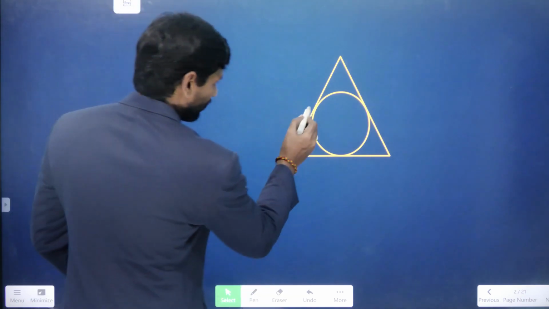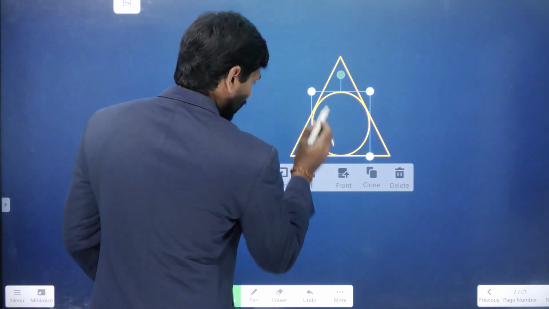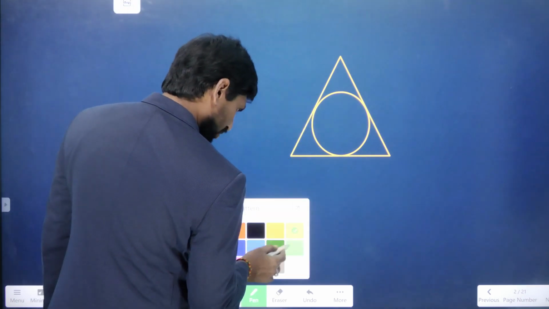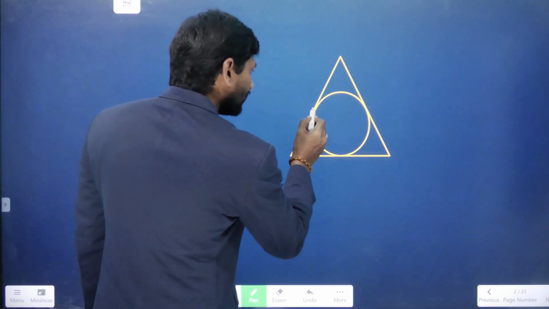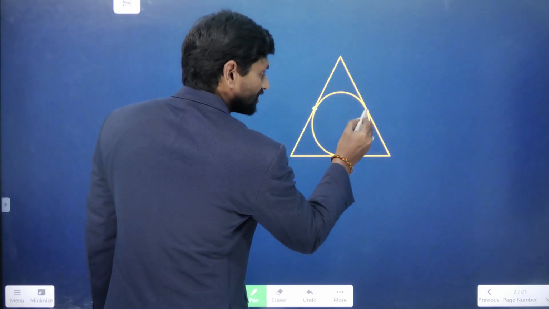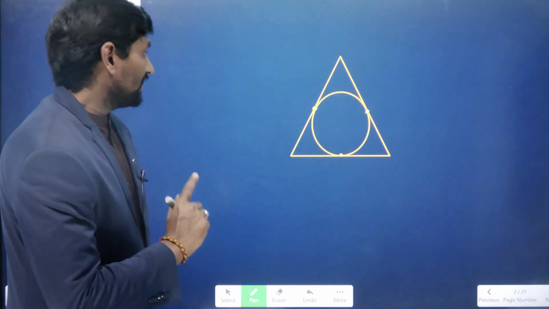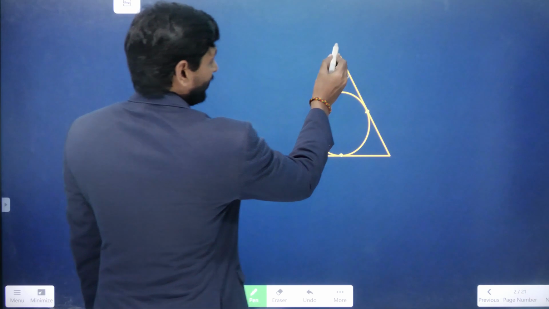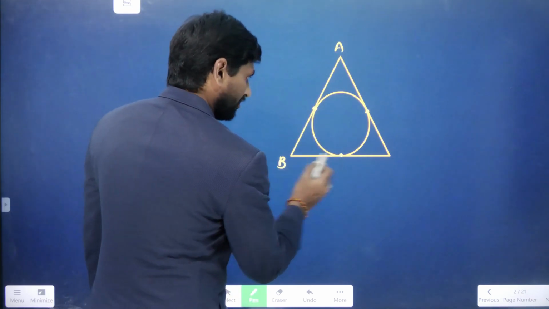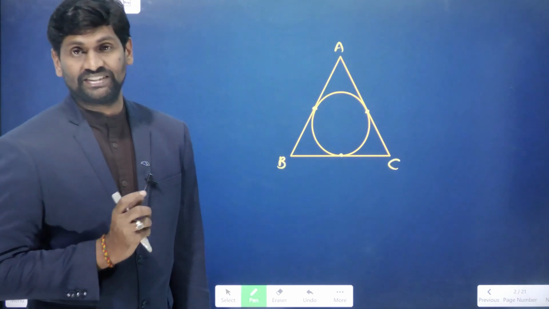Now, how is the circle formed? This means how is the incenter forming? The circle touches all three sides of a triangle, and for that, in triangle ABC, we have to take angular bisectors.